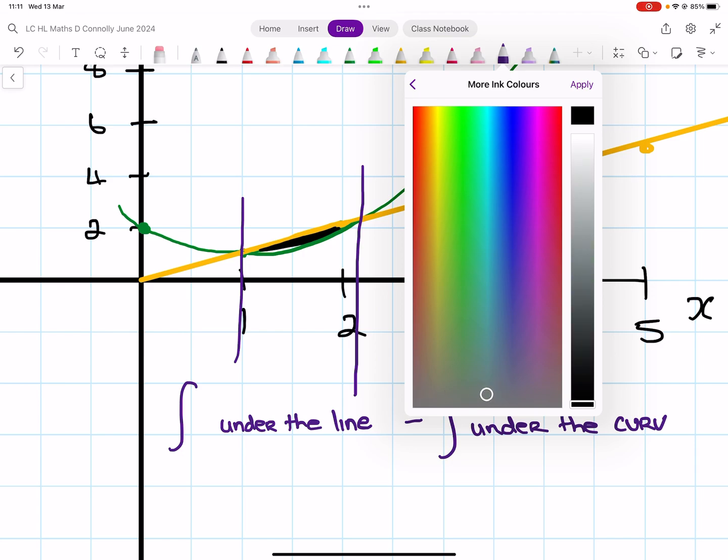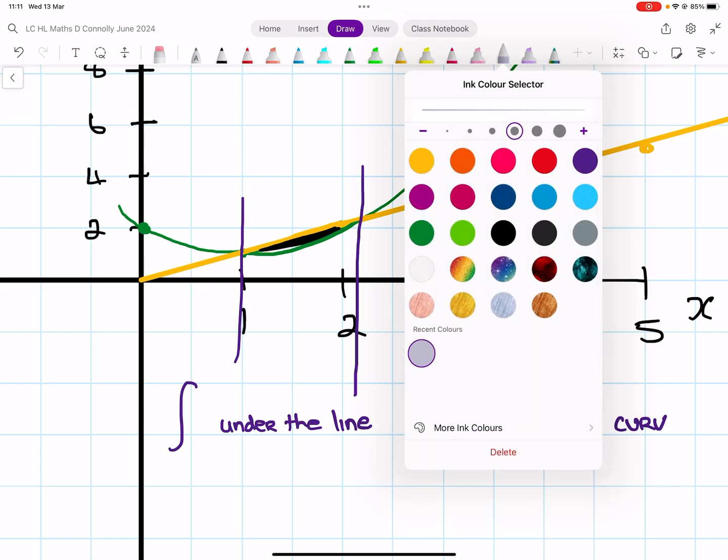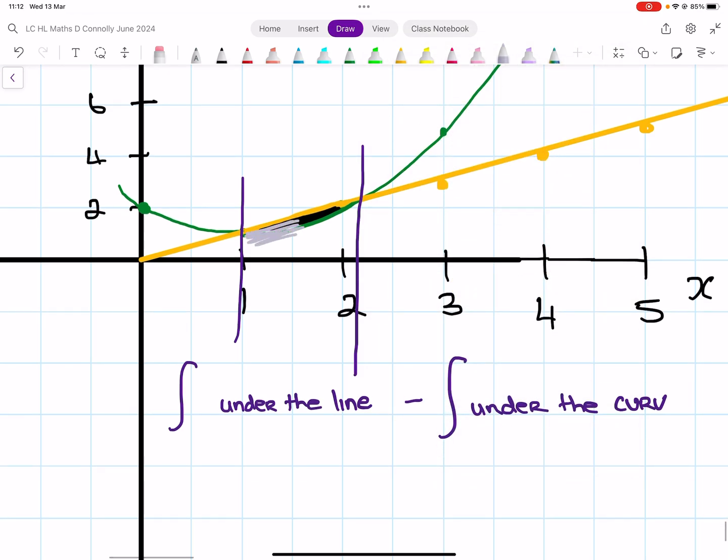It's not light enough, but you get my idea, right? If I integrate under the line, it's that bit under the line. And then if you integrate under the curve, you get this bit. And if you subtract them, that leaves you with that bit.